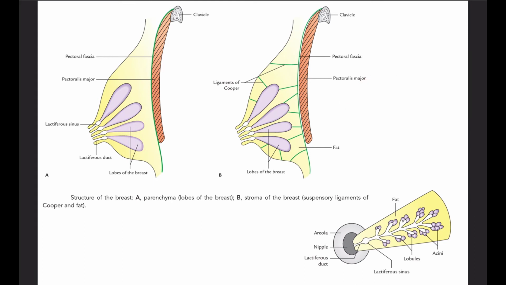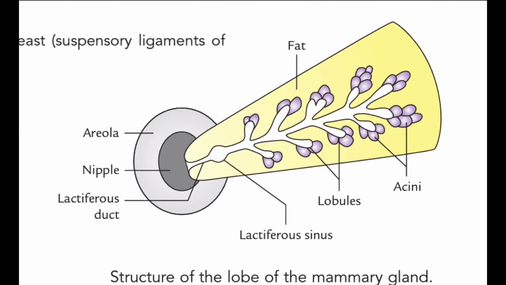This glandular tissue is arranged in a radial fashion resembling the spokes of a wheel, and it converges towards the nipple. Each lobe is divided into lobules.